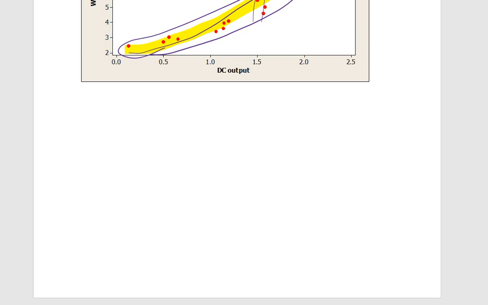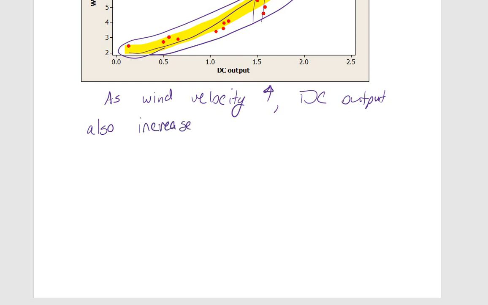So one way that we could put this is, as wind velocity increases, DC output also increases in a strong nonlinear way.